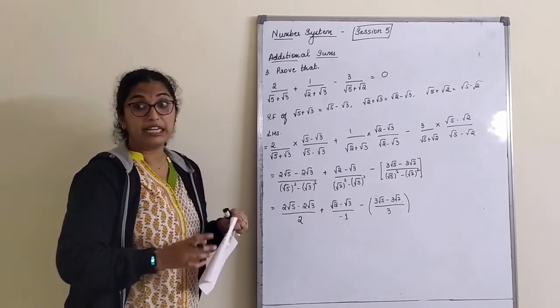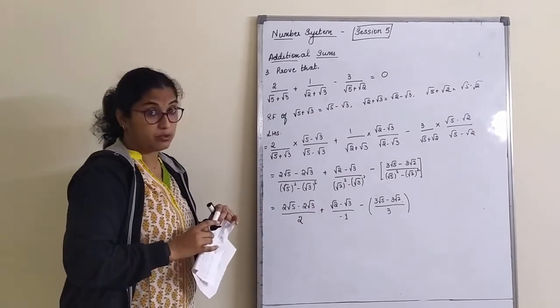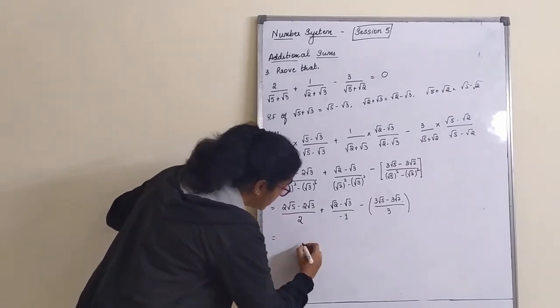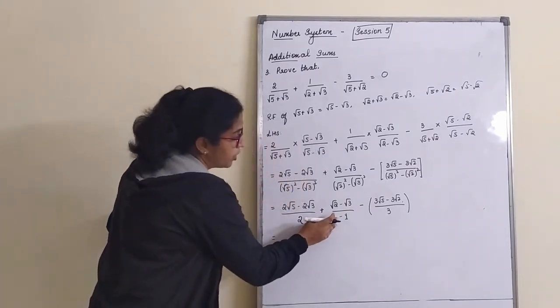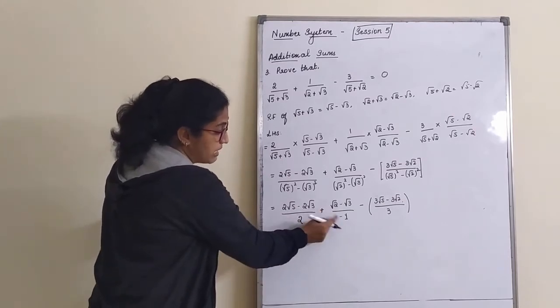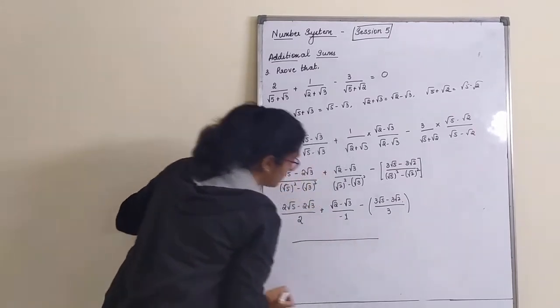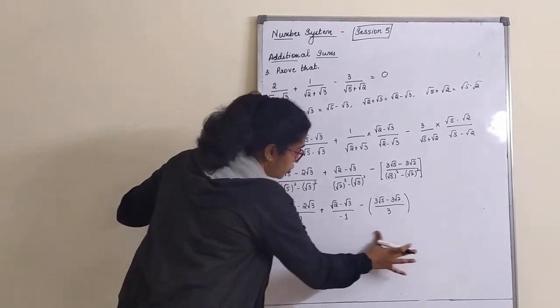We have different denominators. That means we need to take an LCM. What is the LCM here? First what we can do is we can also change the sign and make this as 1. Okay, LCM is 6. Before you take, shall we do that?